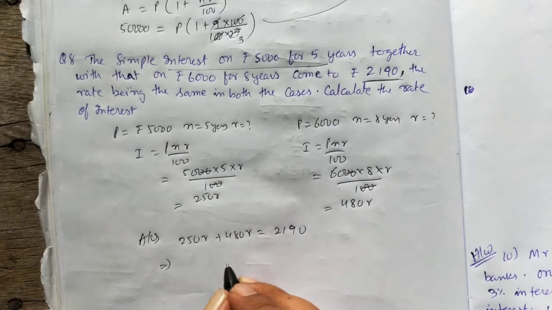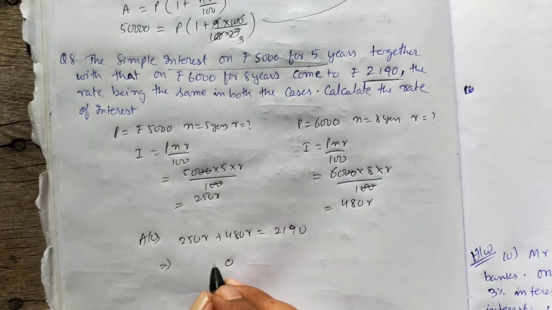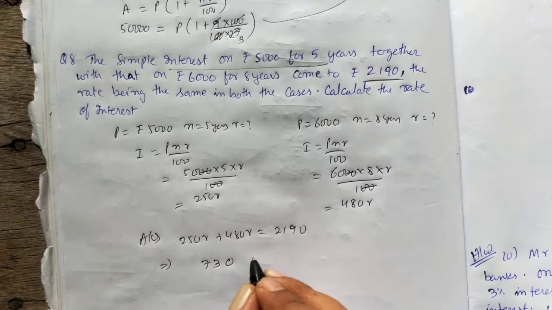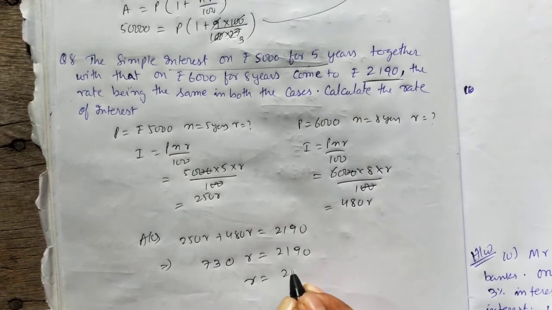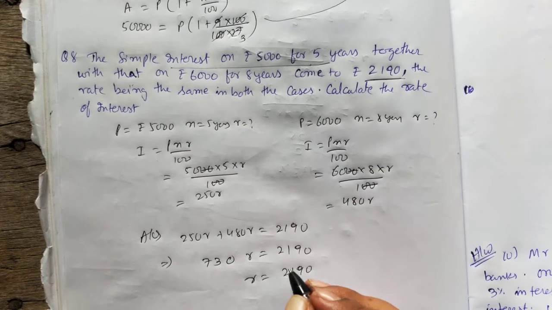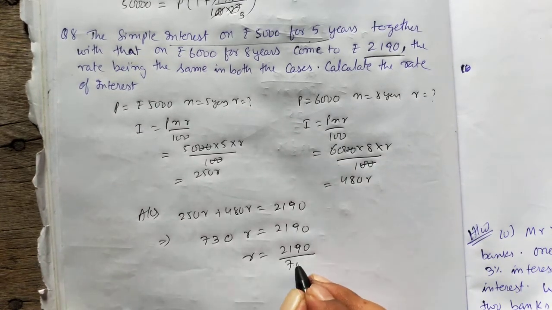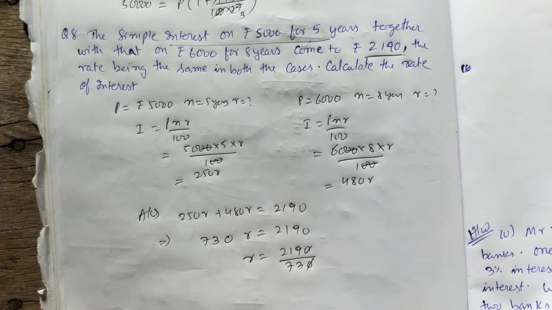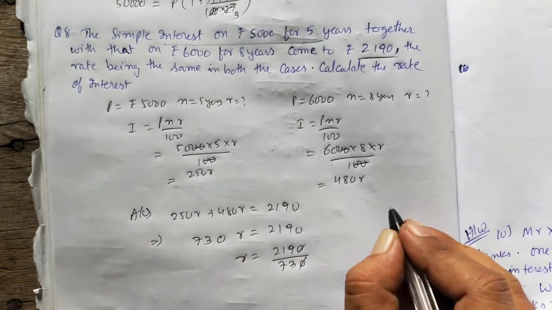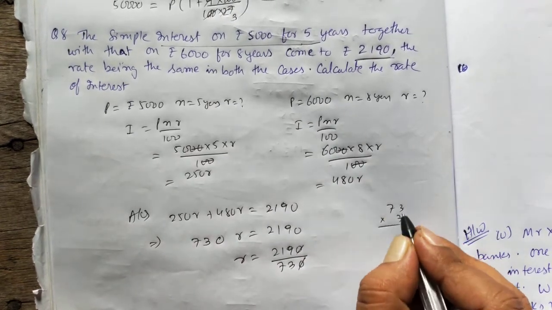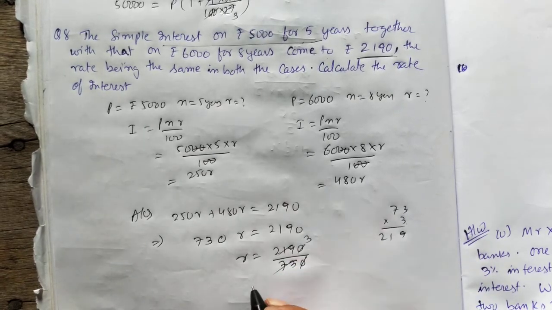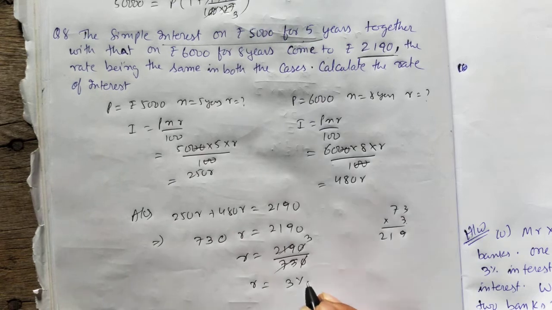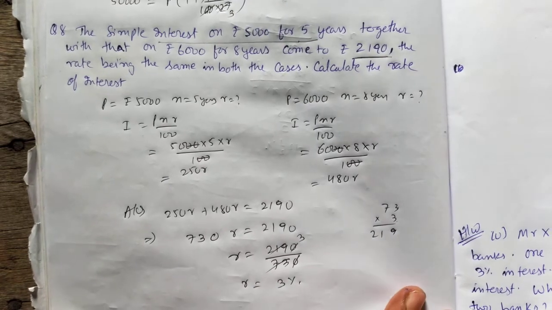So if you add, 730 R equal to 2190. So find the rate of interest. 730, 0, 0. I think 73 into 3 is how much? 3 is 9, 219. So rate is 3%. Okay, pause the video to write the solution.